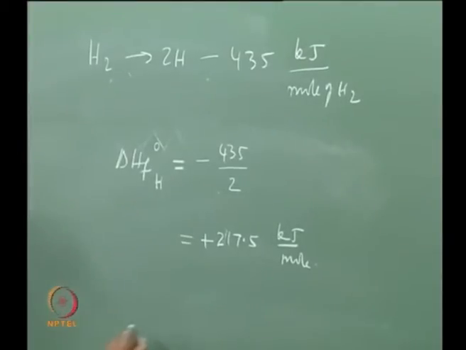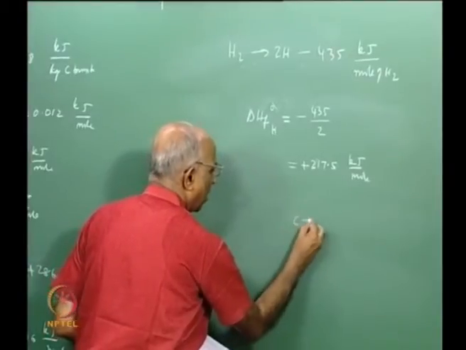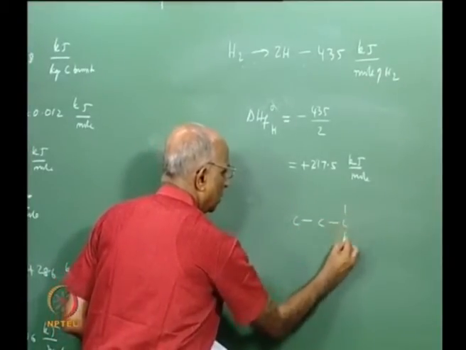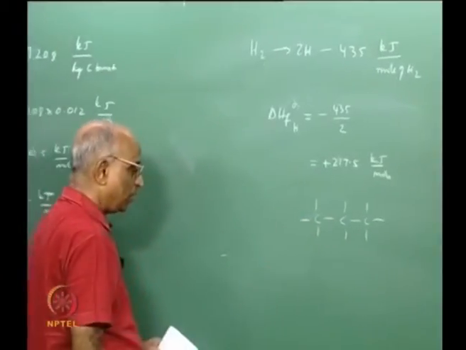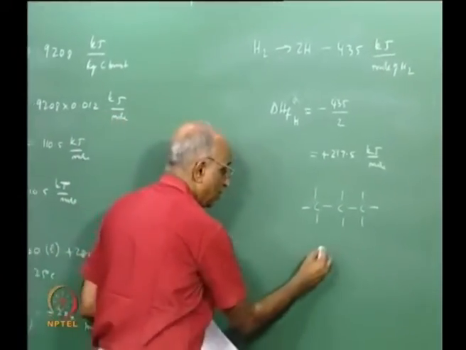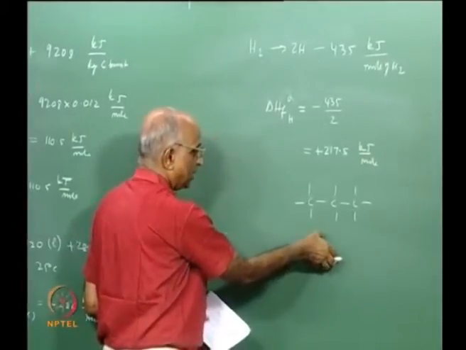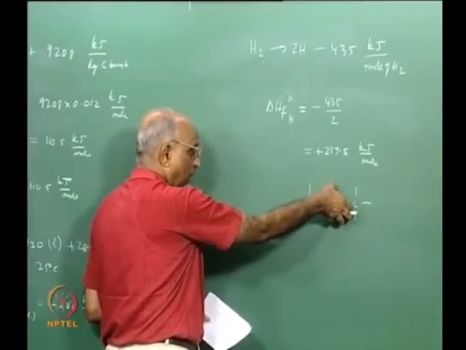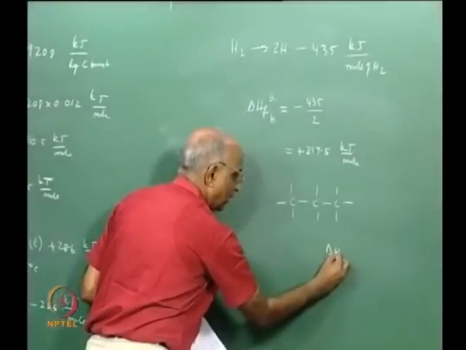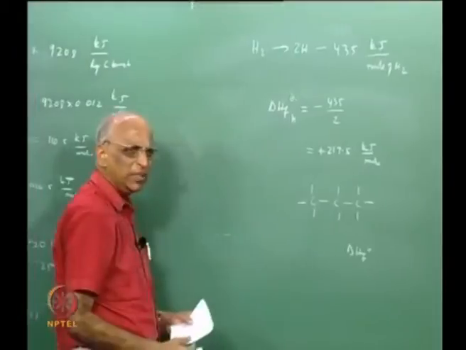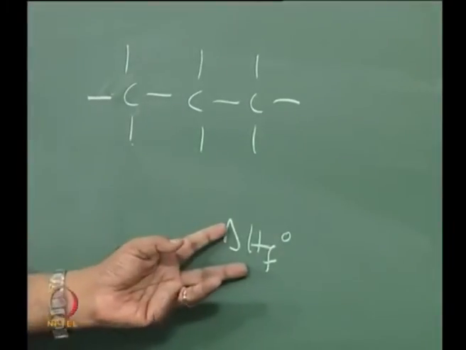If I have, let us say, a hydrocarbon, I have the bonds which are known, I know the energy of each of the bonds, then I know the energy of the basic elements. I subtract the bond energy of the product or the substance from that of the elements, and I will get the value of the heat of formation. But there are some subtle problems which come in.